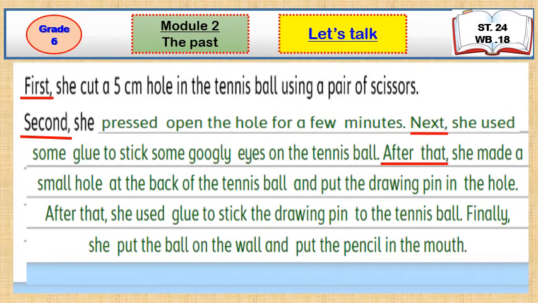After that, she made a small hole at the back of the tennis ball and put the drawing pen in the hole. After that, she used glue to stick the drawing pen to the tennis ball. Finally, she put the holder on the wall and put the pencil in the mouth.